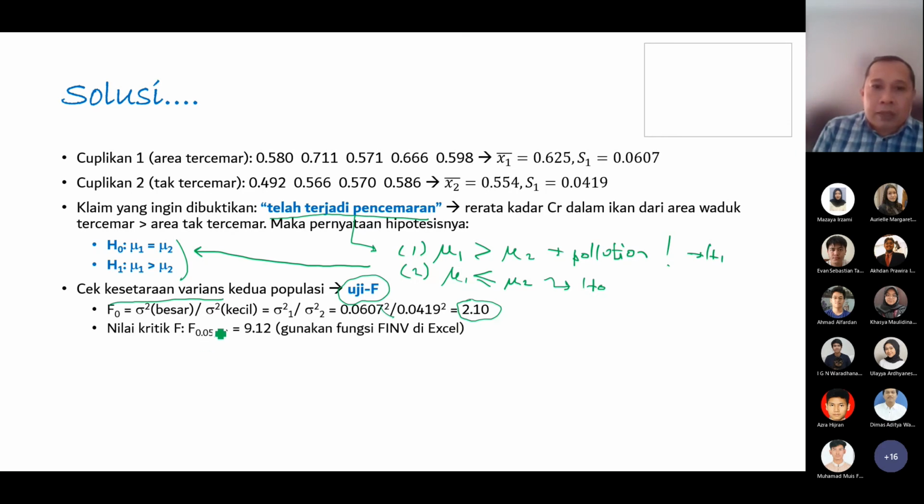Okay, this is the numerator degree of freedom. That is the denominator degree of freedom, right? And the critical value turns out to be 9.12, and you can use the F inverse function in Excel. Okay, so in Excel, this would be done by using this command.